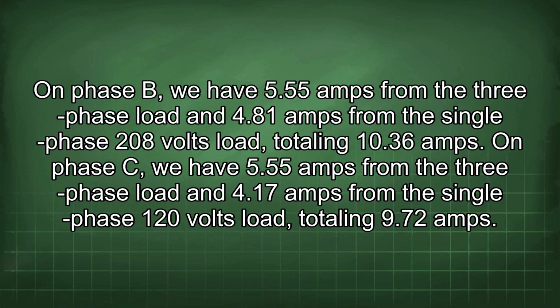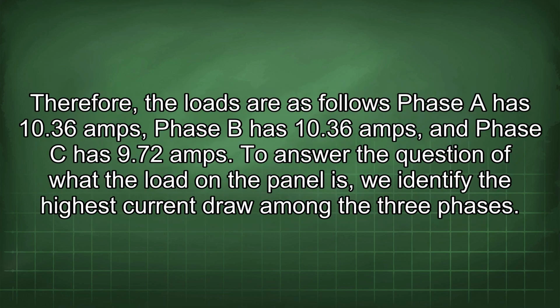On phase C, we have 5.55 amps from the three-phase load and 4.17 amps from the single-phase 120 volts load, totaling 9.72 amps. Therefore, the loads are as follows. Phase A has 10.36 amps, phase B has 10.36 amps, and phase C has 9.72 amps.